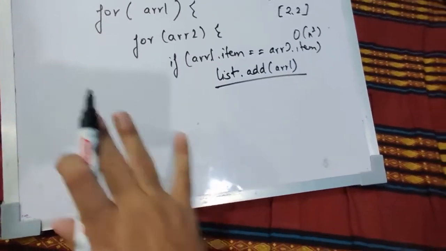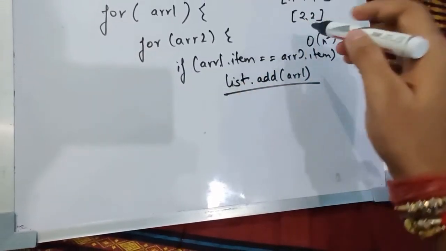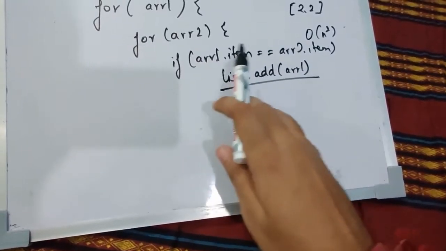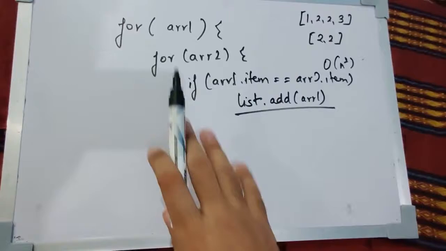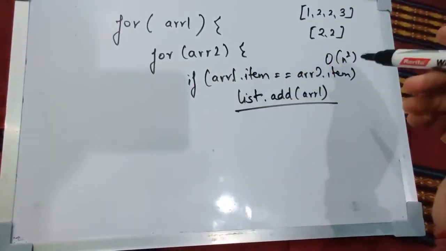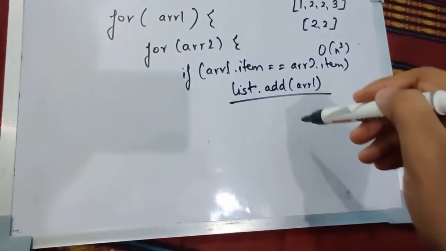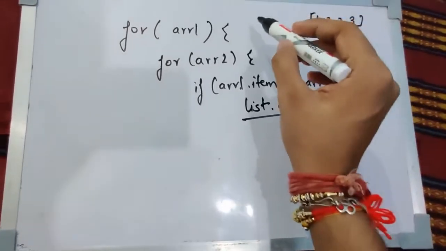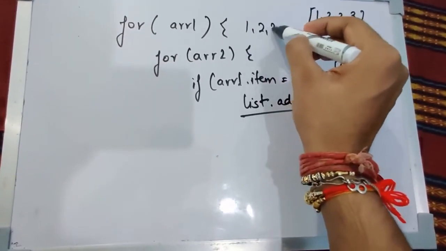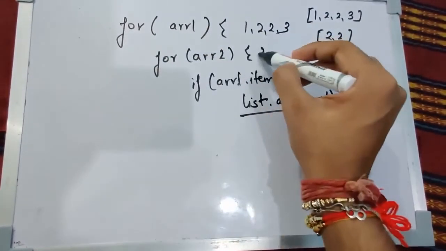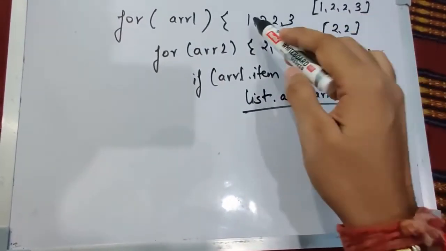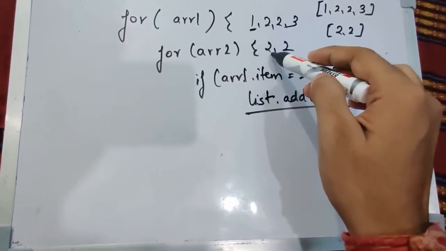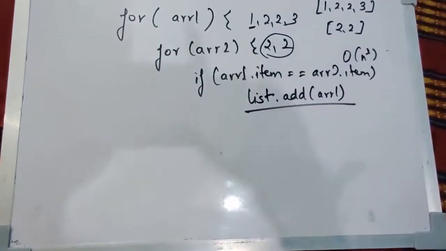Okay, but what can be the problem? We don't know if we can optimize this enough right now, but you can do that. How? First of all, let's see if it will work fine or not. So we have 1, 2, 2, 3 in the first array and 2, 2 in the second array. 1 will get compared with all of these values.